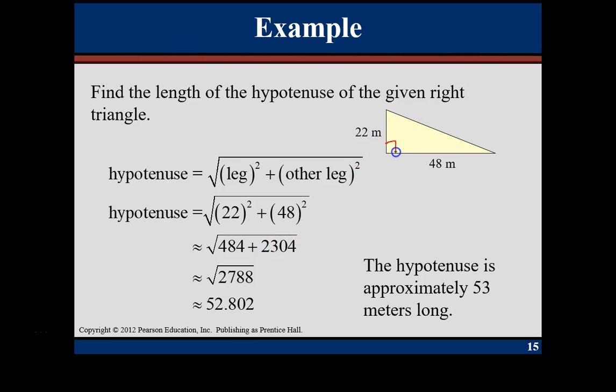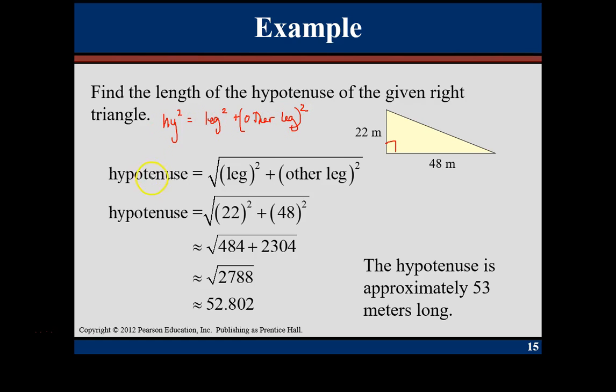Here I have a right angle right here, and I have a leg of 22 and another leg of 48. Which one's the leg and which one's the other leg doesn't matter. Now the original formula has the hypotenuse squared, and then it's leg squared plus other leg squared.